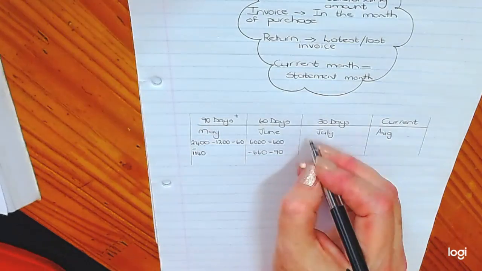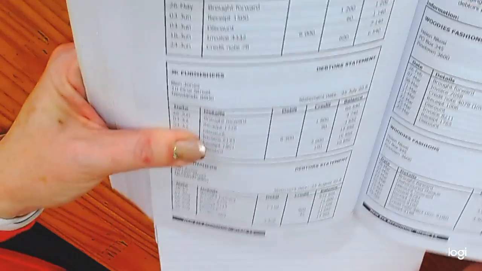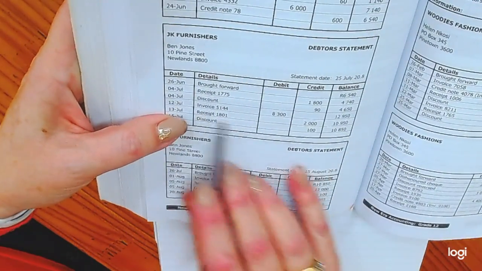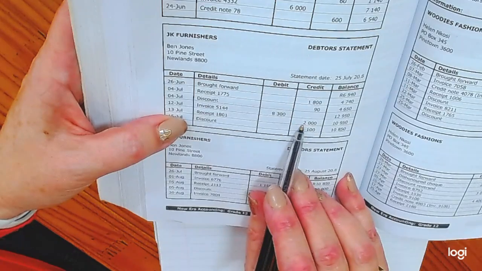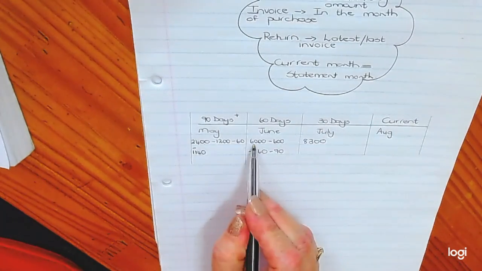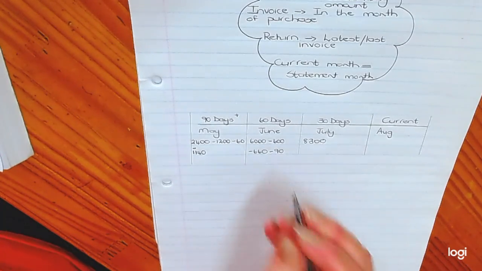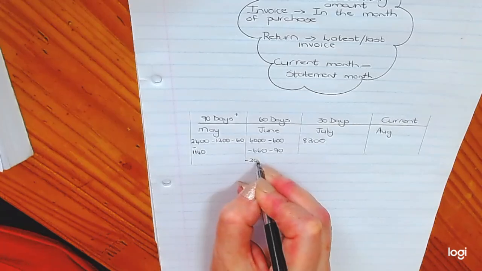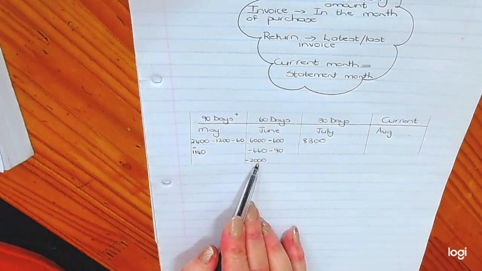Invoices are in the month or on the date. A receipt of 2,000. This payment is allocated to the oldest outstanding amount. Let's see, where's the oldest one? There's still a lot of money outstanding here. So the 2,000 is going to be allocated to that amount because there's definitely more than 2,000 outstanding.